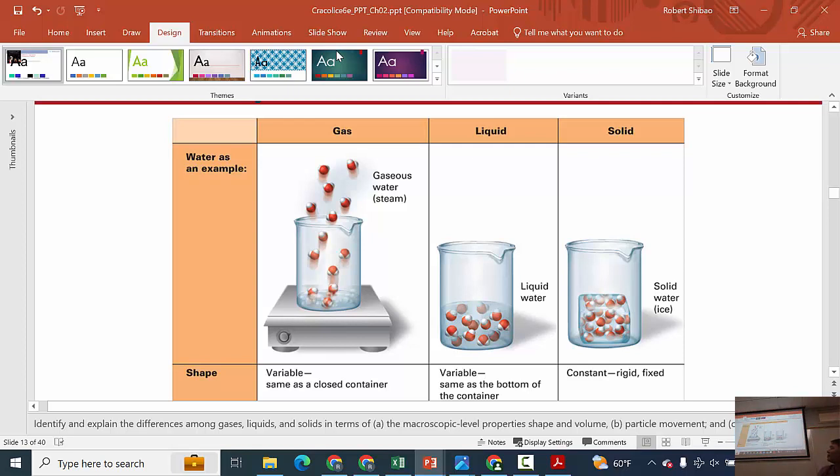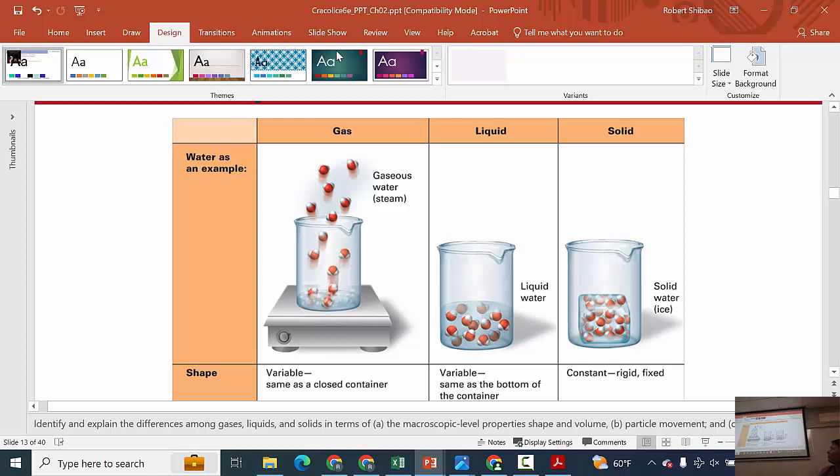Gaseous water molecules don't all sink to the bottom, whereas liquids will fill the bottom of the container. And solids just stay as is. They don't spread out to fill the container. Solids are rigid.